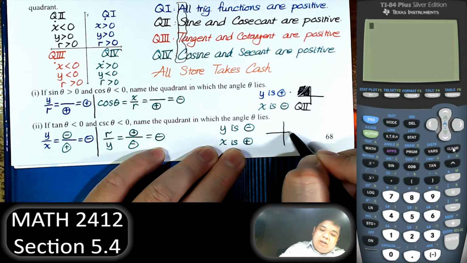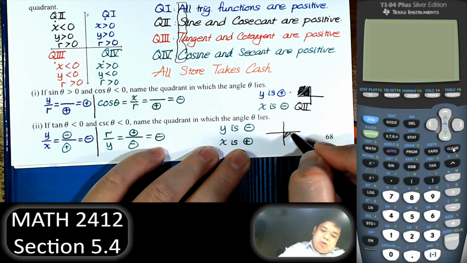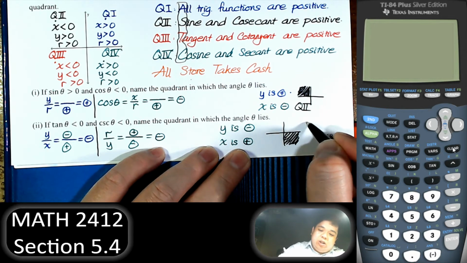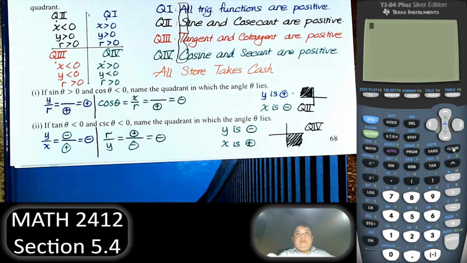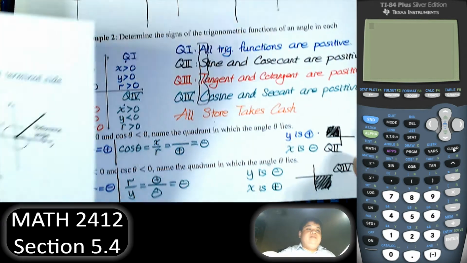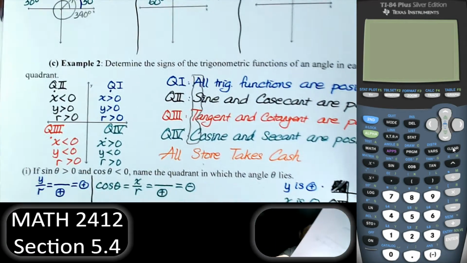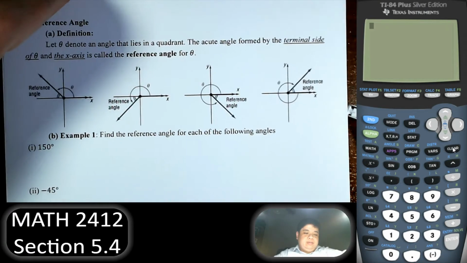Y is negative, so it's below here, but x is positive. So we're talking about this one, which is quadrant 4. Right, I said, just based on the definition, x, y, and r.